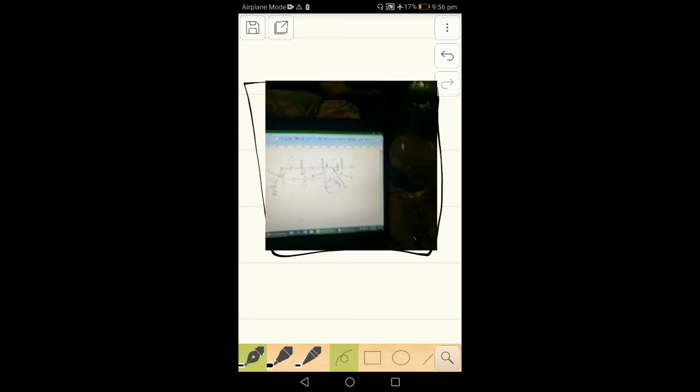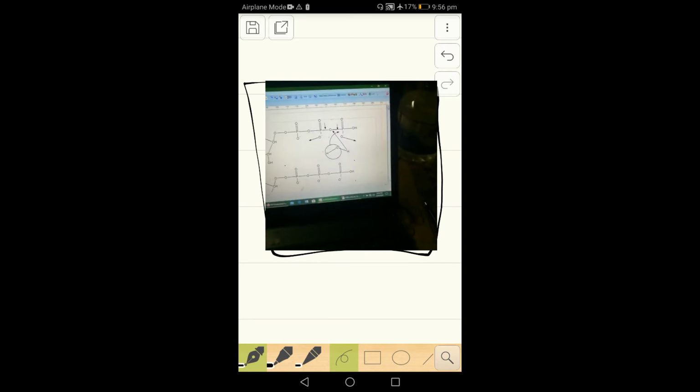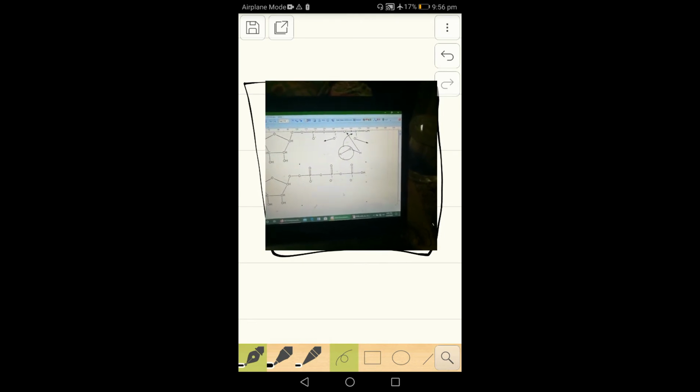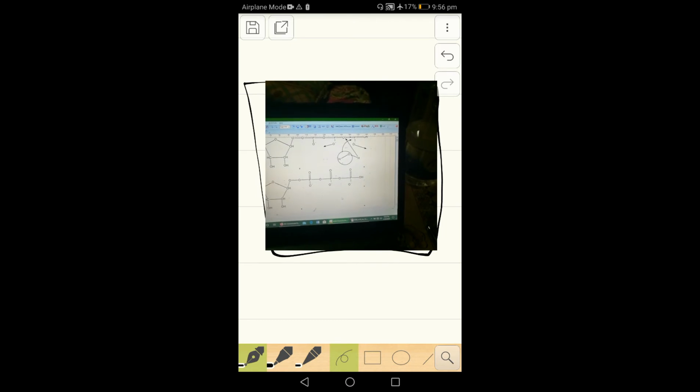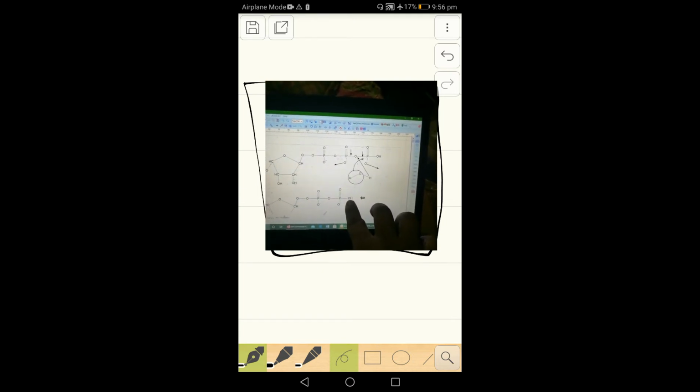I'm copying it and pasting it over here. So this linkage gets broken down, and look, H is added to this O, right?